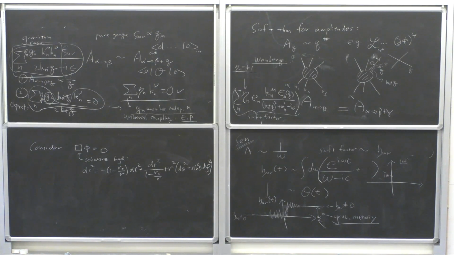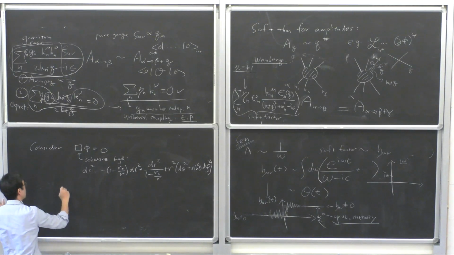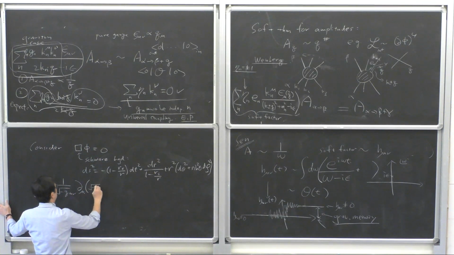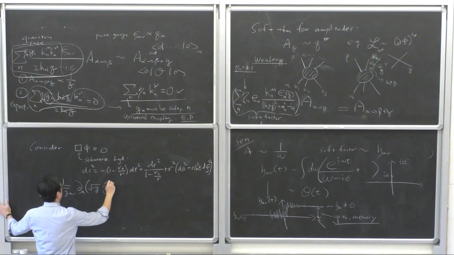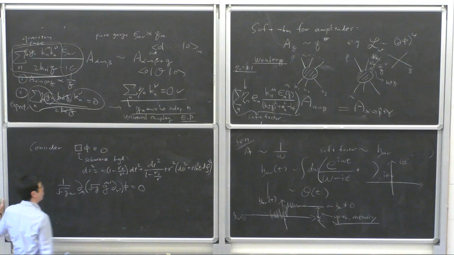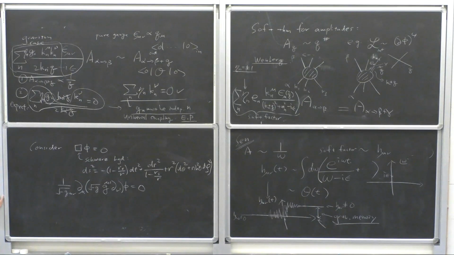Okay? So massless scalar in a Schwarzschild background. And I think you all know how to write down this equation.